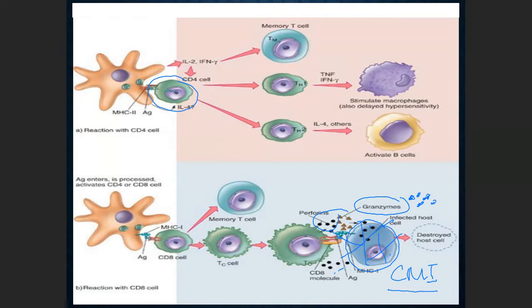So antibodies like IgG only destroy the antigens that are located outside the cell. The one that is inside the cell will be destroyed by the TC.